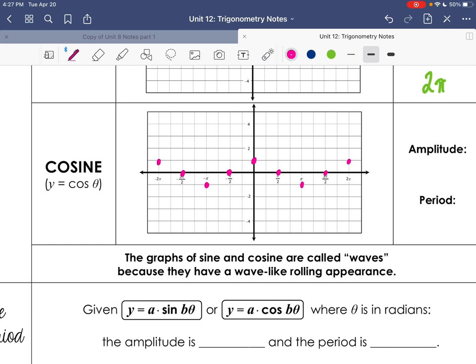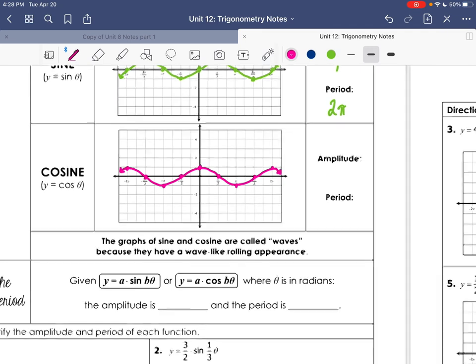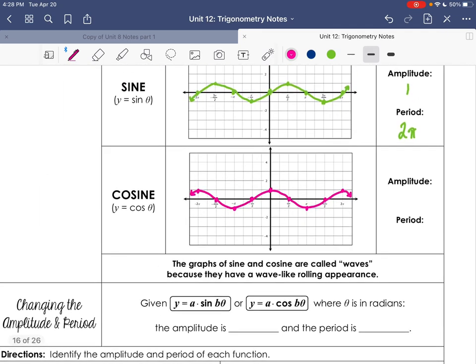All right, so again, it is a wave. So there shouldn't be any sharp turns. And then it's headed back down from there. Okay, so they are the same amplitude. This one also goes up to 1 and down to -1, so it's an amplitude of 1.